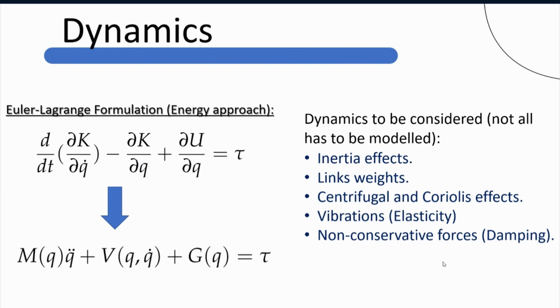We also have to model the non-conservative forces, because if I give a certain torque to the robot, it is not practical that the robot will move forever, so there has to be certain damping present. Not all these effects are significant in our robot, meaning that we don't have to model all of them. We have to model the ones that are more obvious in our system. So this is mainly the dynamics.